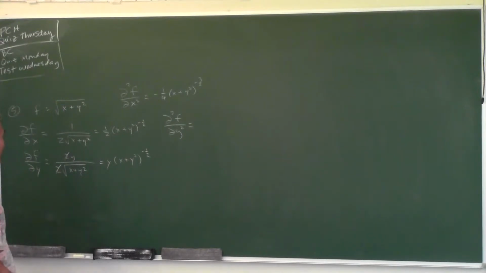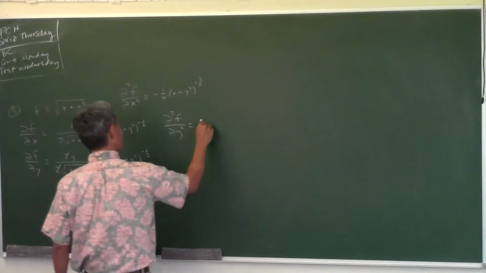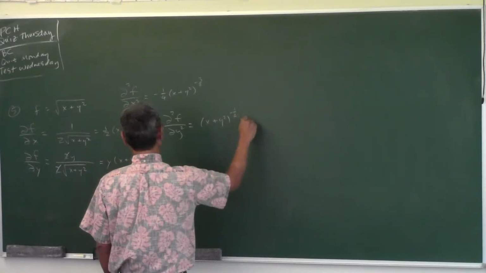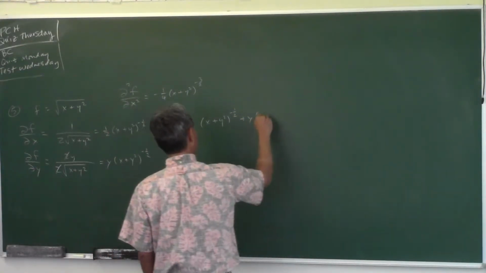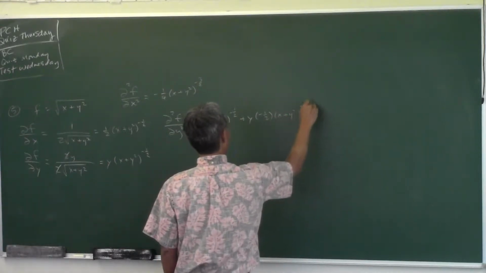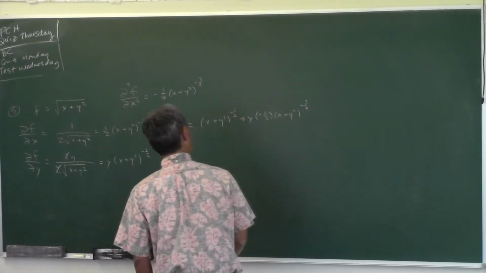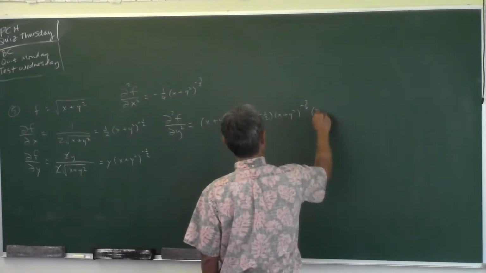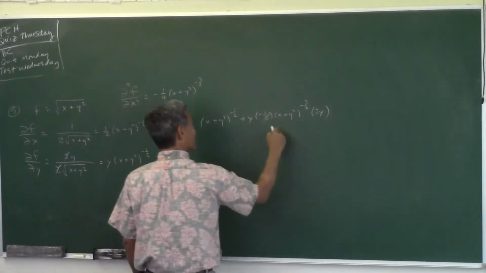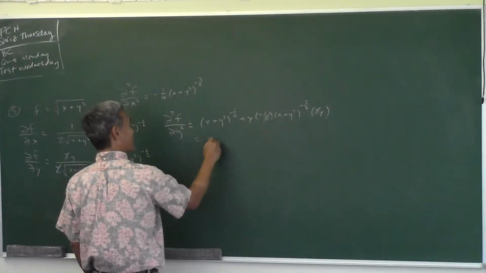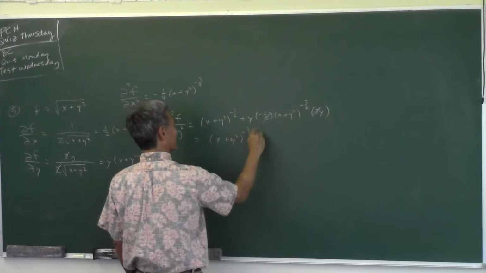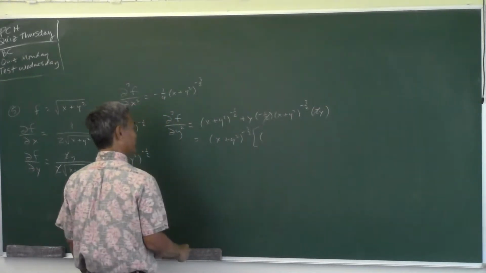Derivative of the first, leave the second one alone, plus the first one times negative 1/2 (x plus y squared) to the negative 3/2 times the derivative of the box, which is 2y. The 2's cancel out. Factor out an (x plus y squared) to the negative 3/2. And what's going to be left?